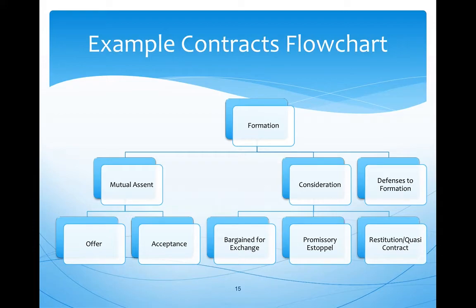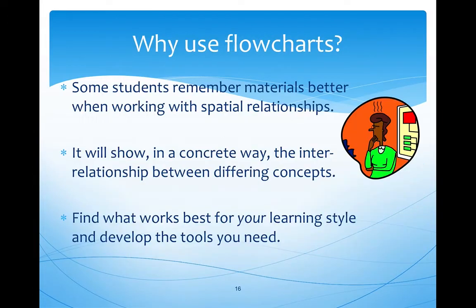Consideration is a bargained for exchange. Sometimes you can have a substitute for consideration, which might be promissory estoppel, or in the absence of consideration, you might be able to recover under restitution or quasi-contractual theory. And then finally, defenses to formation. We know what our defenses are: statute of frauds, mistake, duress, unconscionability, et cetera. So that's an example contracts flowchart.